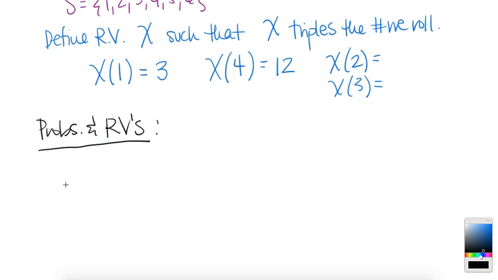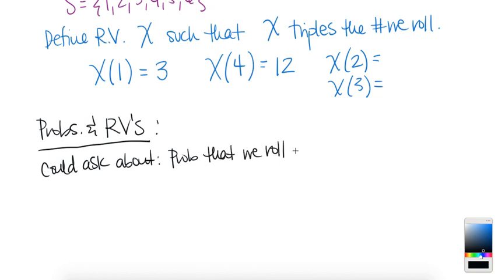It gives us a nice notation for talking about probabilities. So we could ask about, say, the probability that we roll a 4.